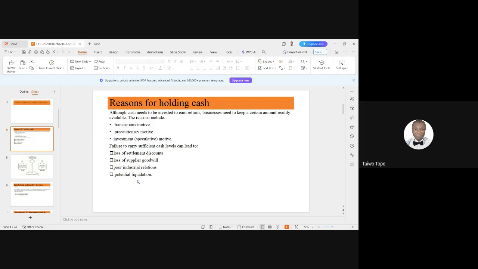Now, in financial management, I would say that cash management models are techniques used to determine the optimal level of cash a firm should hold.